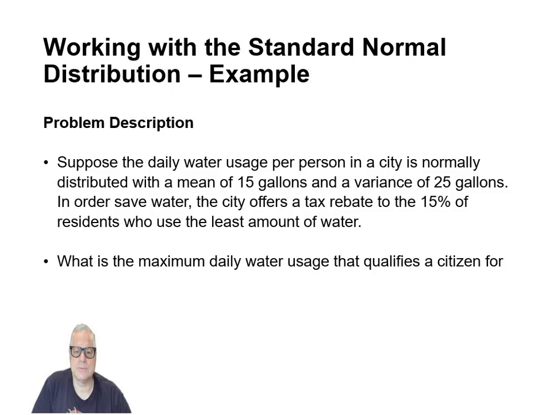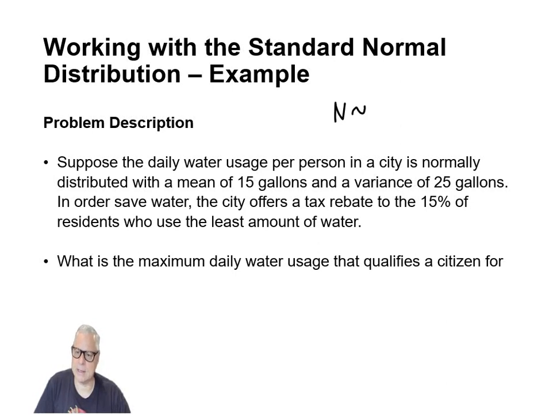Okay, so there's a problem, and suppose the daily water usage per person in a city is normally distributed with a mean of 15 gallons and a variance of 25 gallons. So now we know that the distribution is normal.